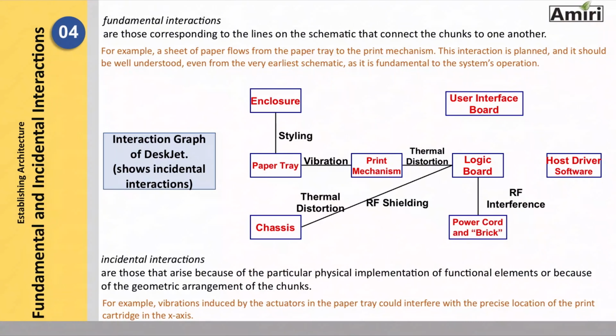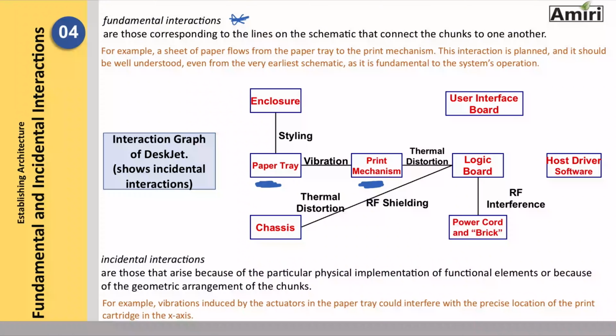The fundamental interactions that we talked about are those that correspond to the lines on the schematic that connect the chunks to one another. For example, a sheet of paper flows from the paper tray to the printer mechanism.